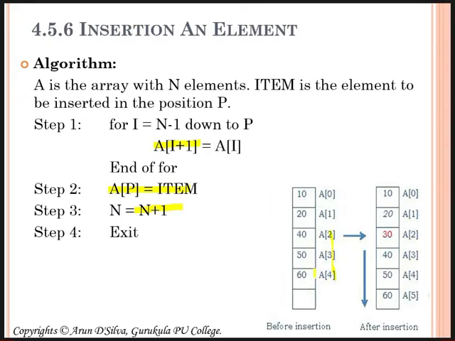Similarly in the next iteration the 50 moves from position 3 to position 4, and from position 2 the 40 moves to position 3. It creates a blank at position 2, and you insert the item A of P, that is 30. Here the number of elements increases, so that is the reason n equal to n plus 1.